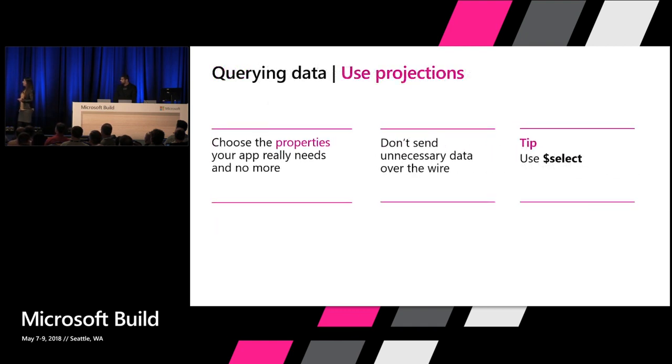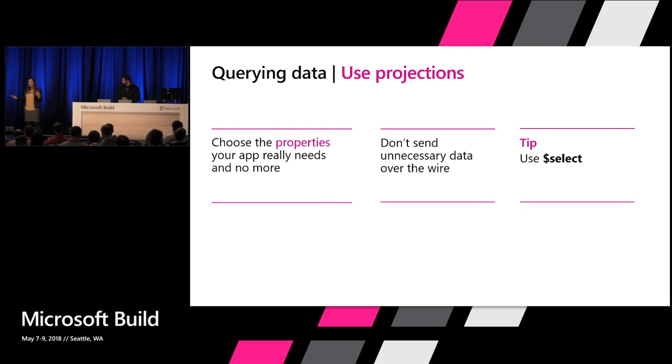Now here, I'll say 2 things. One about $select. When you make a request to the profile and see a default payload back, in the V1 endpoint that doesn't mean that's all of the properties we have for the user. It means we've selected a set of properties to be the default payload, and you can select any of the properties you want using the select parameter and bring in just the data your application needs.